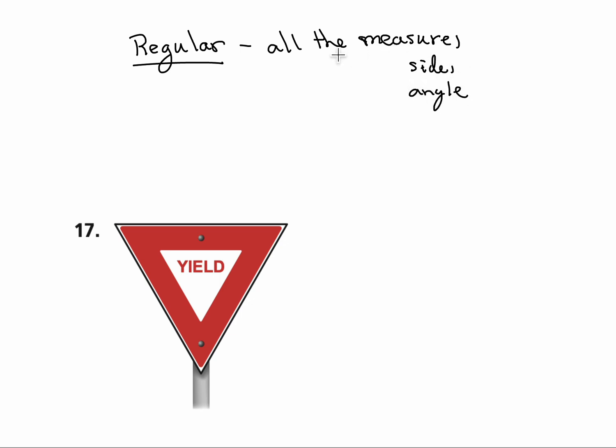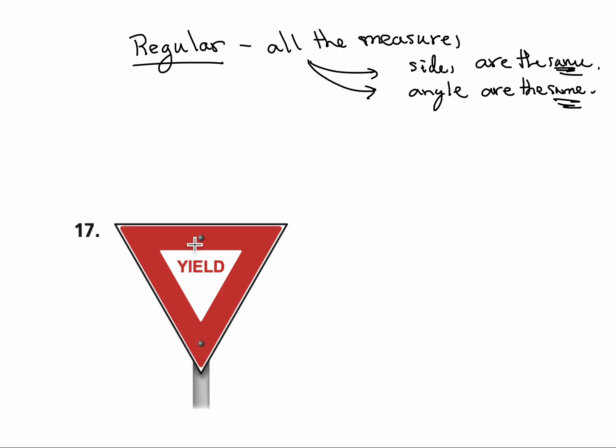So all the angles are the same, and all the sides are the same, meaning the same number. Or we could use the word congruent. So they are the same when it means regular. So if you ever read that word regular, it is the same.